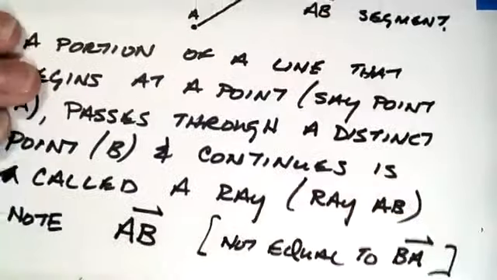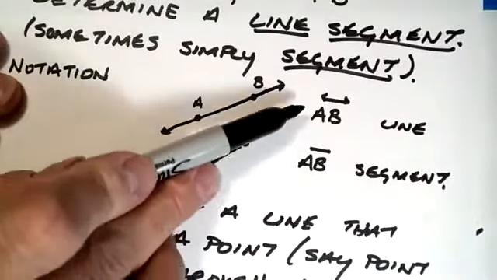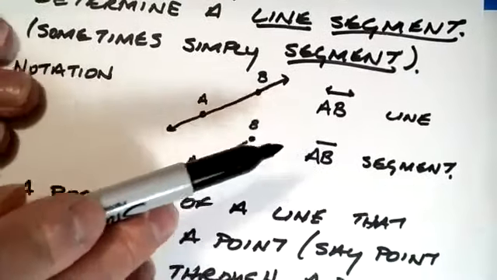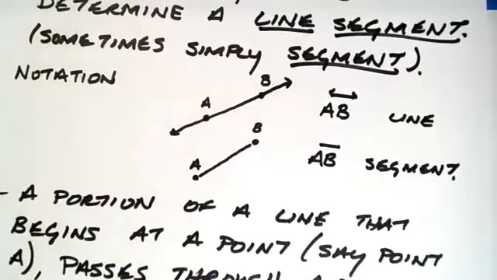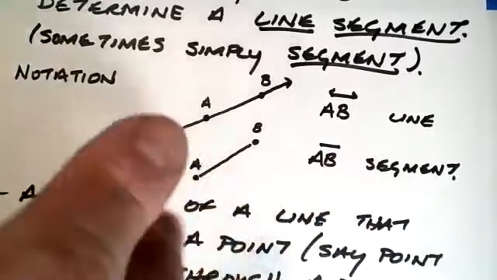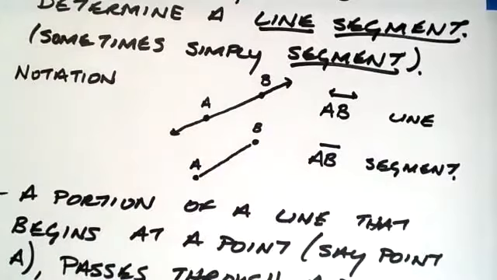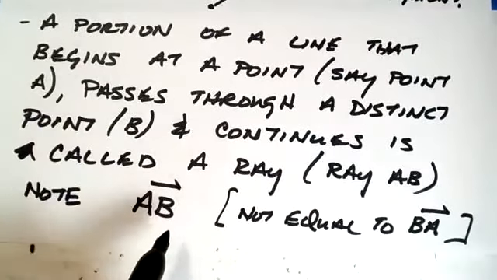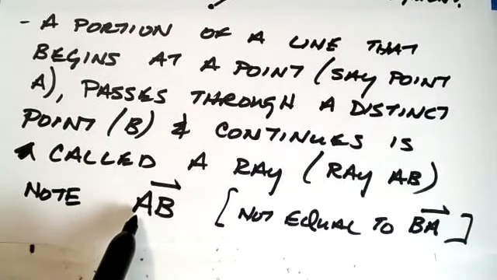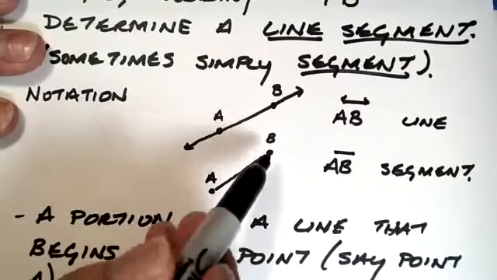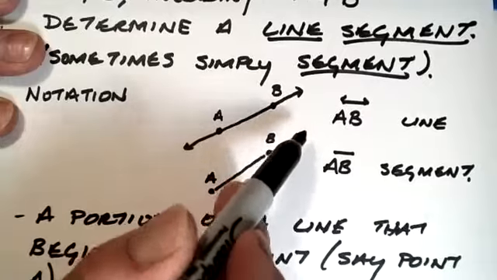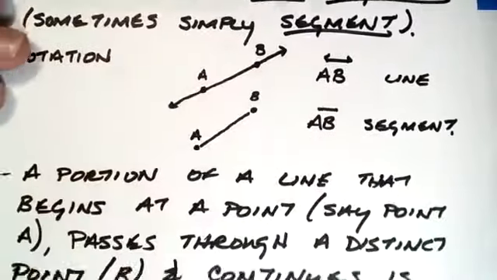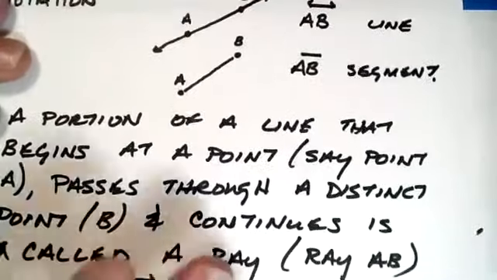And that's somewhat relevant because these two notations for line and segment are interchangeable. If you had A first and then B, or B first then A, it really doesn't make any difference. But when you start talking about a ray, it does matter, because this starts clearly, as it's stated here, at point A, doesn't extend off in this direction, but does extend off this way. And that's distinctly different than starting at B and going through A.